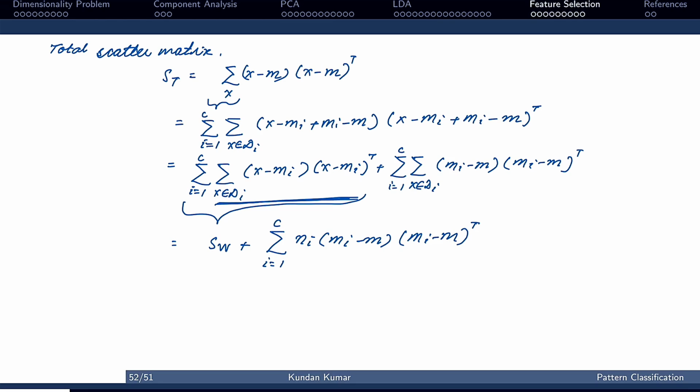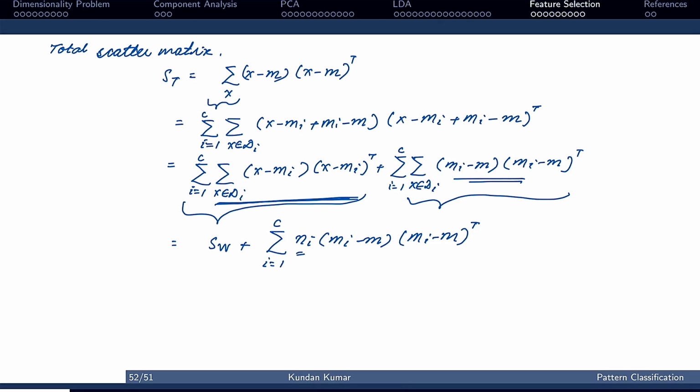So, here Ni comes because in this term there is no component of x in this expression. So, we can replace it with the number of samples in each class. Fine.